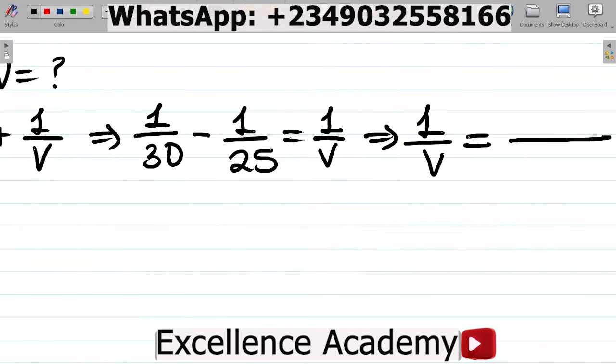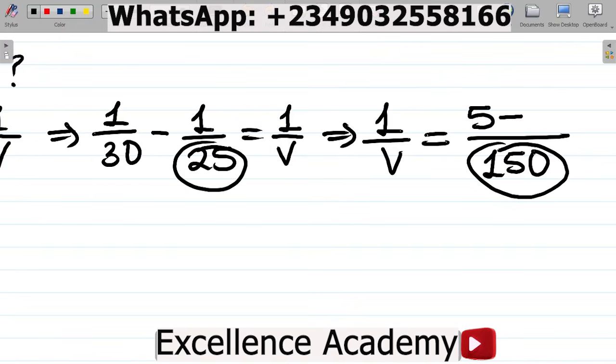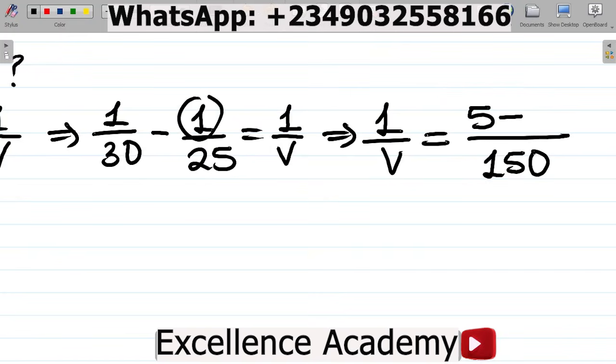Now to solve this, 150 divided by 30 gives you 5. 5 times numerator, 5 times 1, gives you 5. So I have 5 minus, next up, 150 divided by 25, which gives you 6. 6 times numerator, 6 times 1 gives you 6.